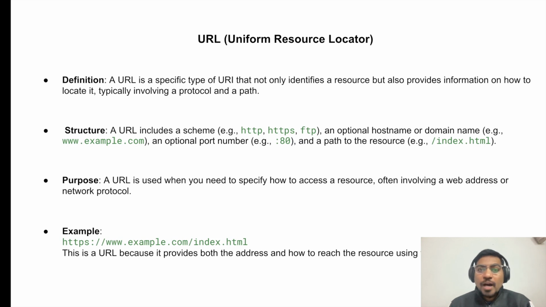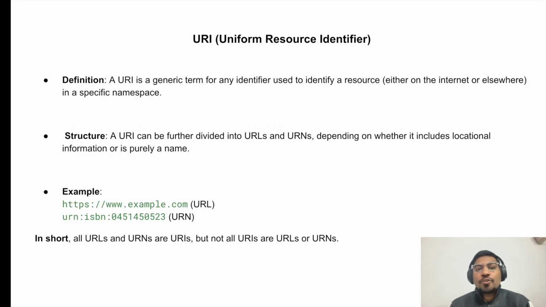And a URI consists of URLs plus URNs. The key of this summary is that all URLs and URNs are URIs, but not all URIs are URLs or URNs, because it may be possible that some URIs do not have a proper name or location.